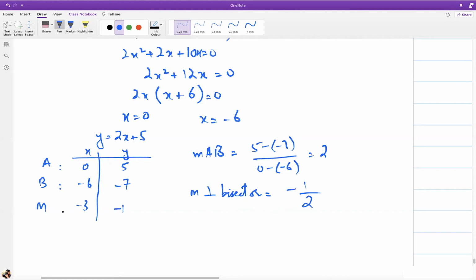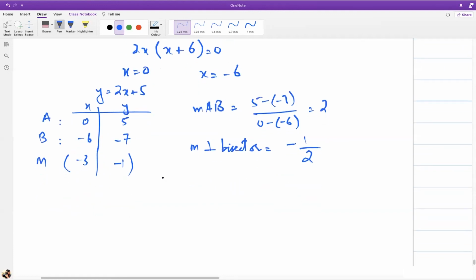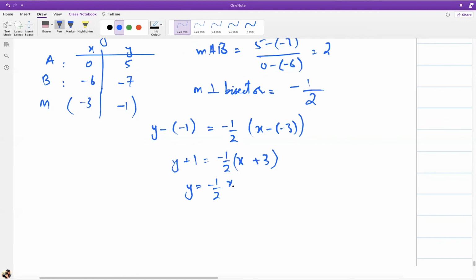You have a point M, you have the perpendicular bisector, you can find the equation. y minus y1 equal to m(x minus x1). ये बन गया हमारे पास फाइनल इक्वेशन.